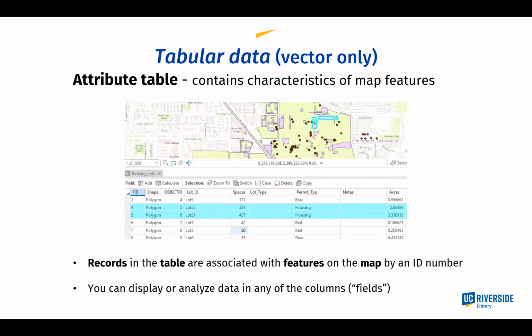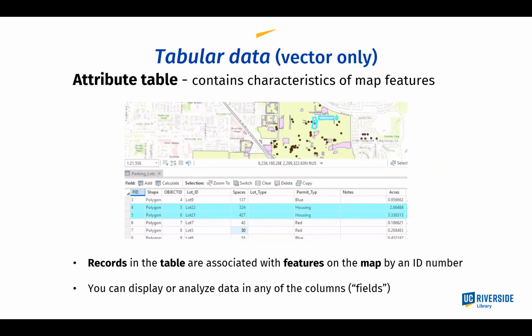You can see that every row in the attribute table represents a different feature on the map, and then every column or field in the attribute table gives a different type of information about that feature. And you can see from this example that it could be numeric, it could be alphanumeric, it could be blank, it could be a URL, it could be any type of date timestamp or something like that.